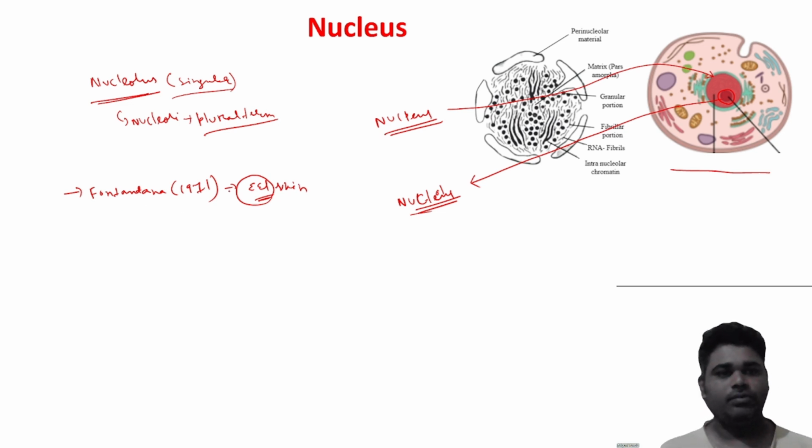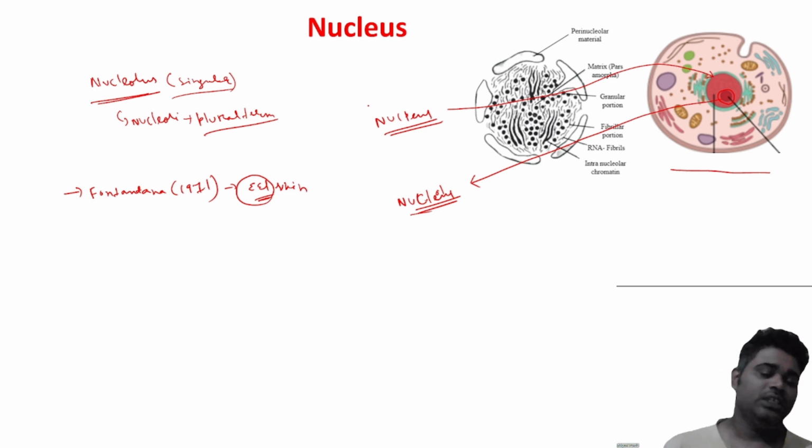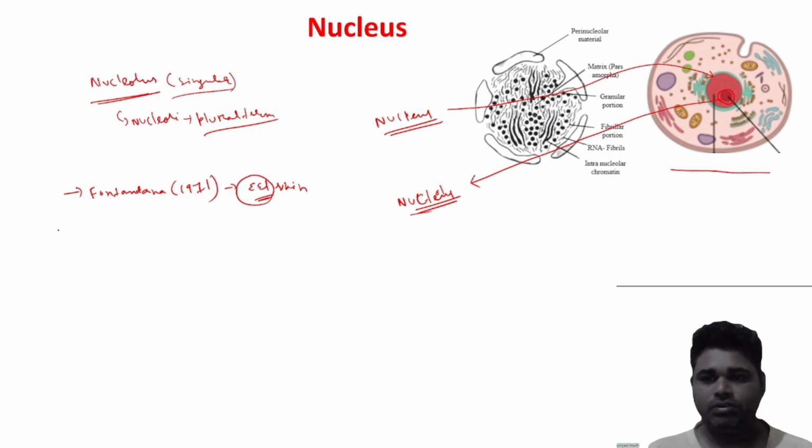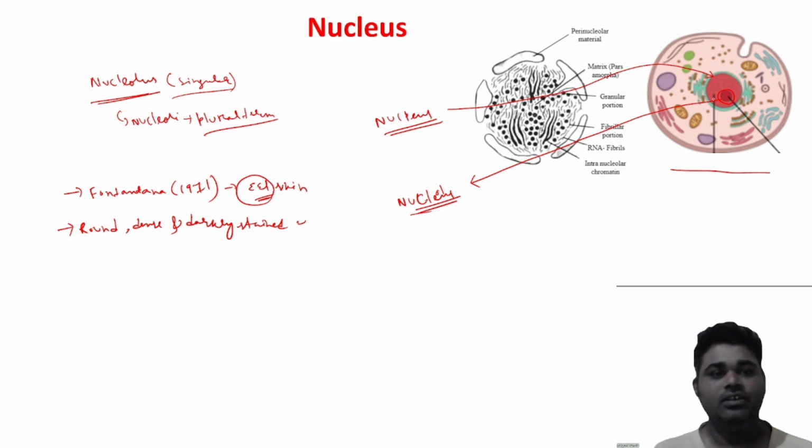Now come to the structure of the nucleolus. If you ask what is the exact structure of the nucleolus, then it is a round, dense and darkly stained structure that is present inside the nucleus.